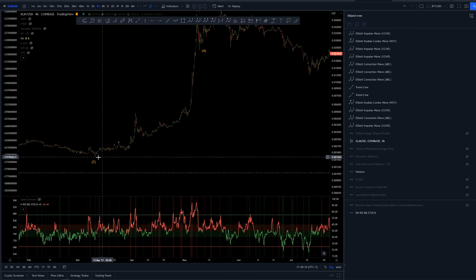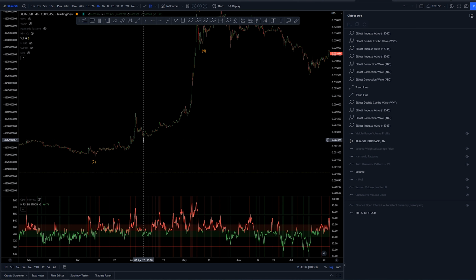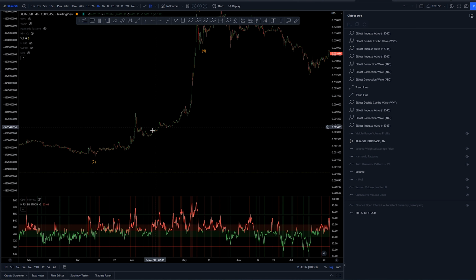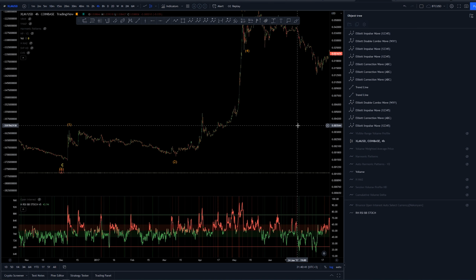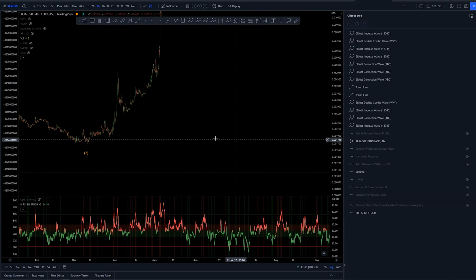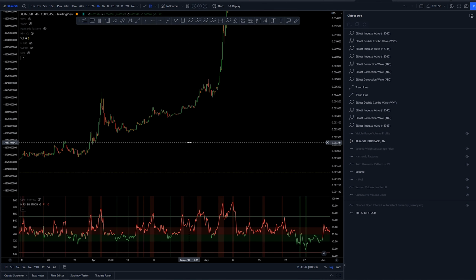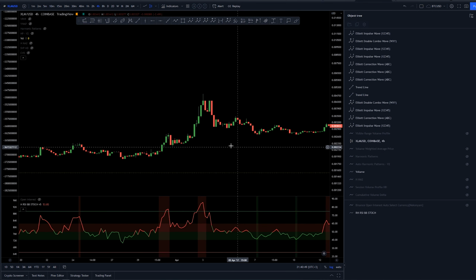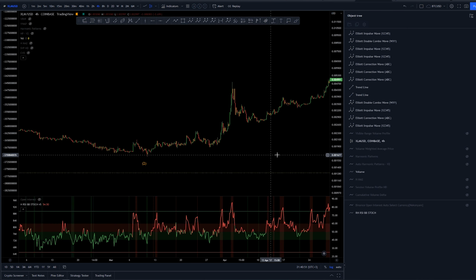I would like to say that this is 1 here, 2, 1, 2, 3, 4. That is not right though. 1, 2. There is a wick here, meaning that there is price action there.